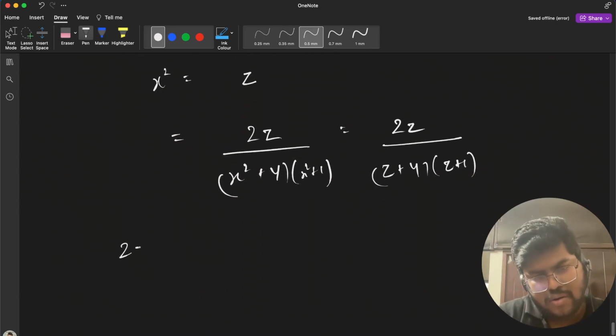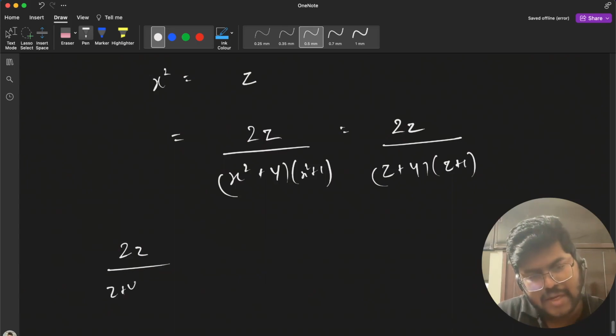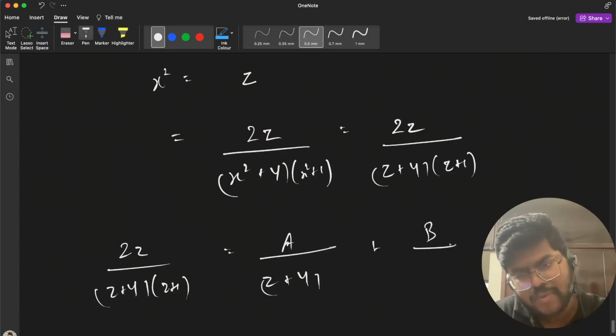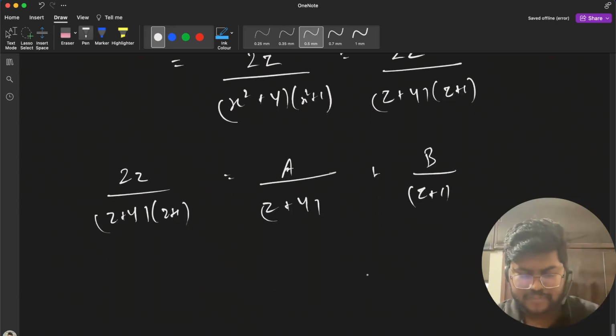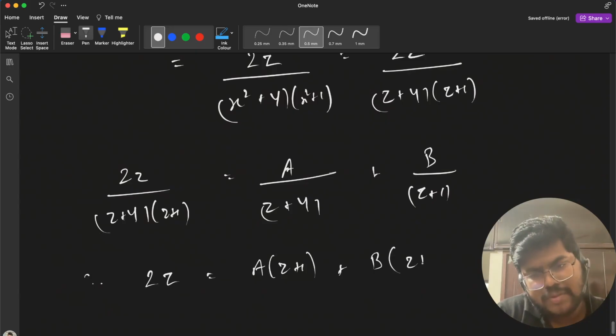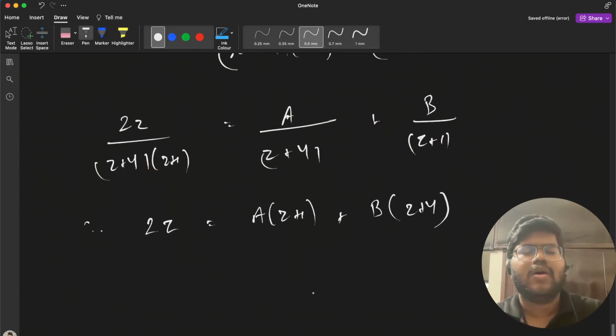Now break it into partial fractions. So it is a upon z plus 4 plus b upon z plus 1, right? Simple. Now therefore 2z will become a times (z plus 1) plus b times (z plus 4), right?